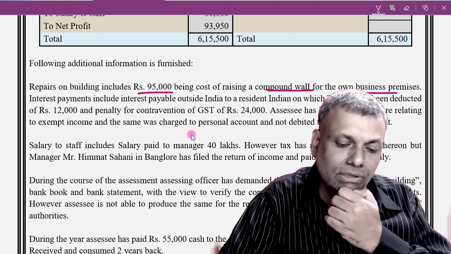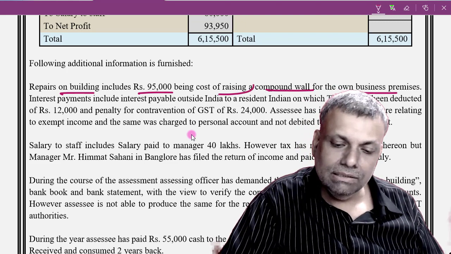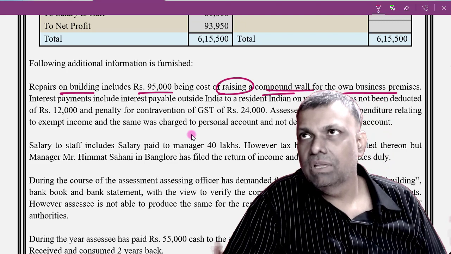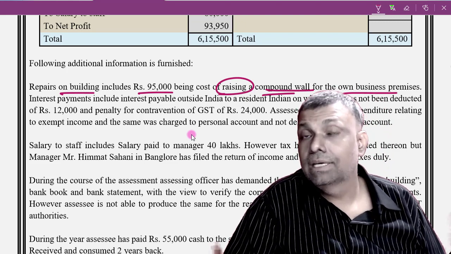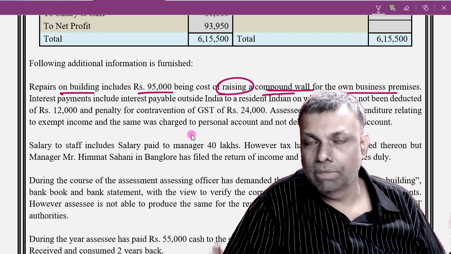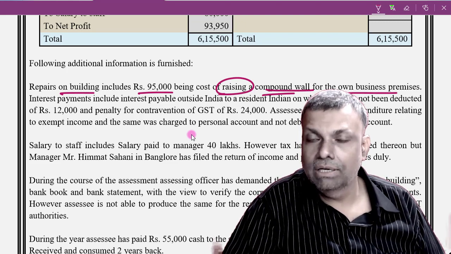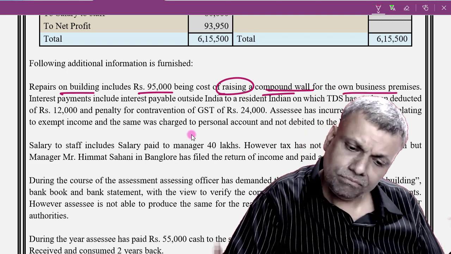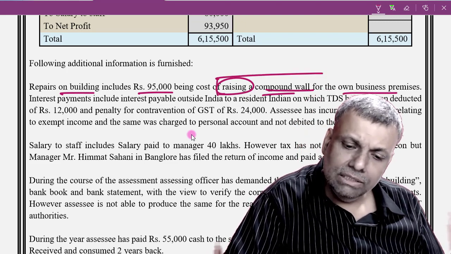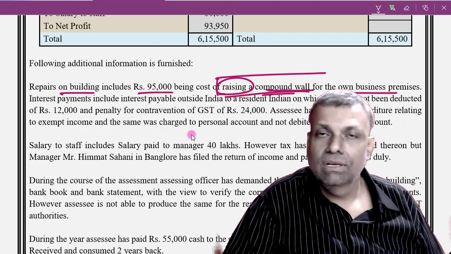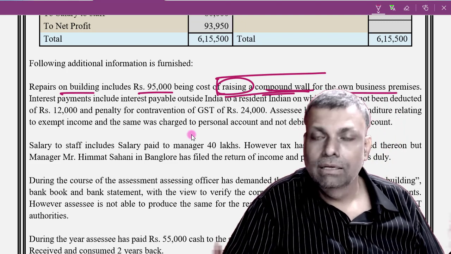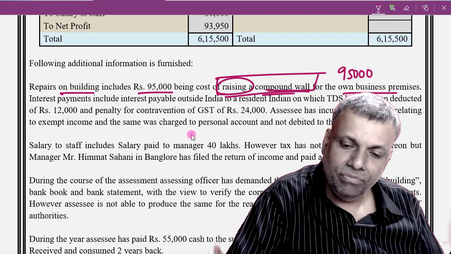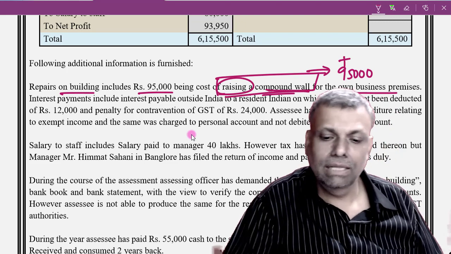So here is something where you have to take the decision whether the expenditure is a revenue expenditure or a capital expenditure, because under section 37(1), which I already explained to you, a capital expenditure is not allowed as a deduction. So raising a compound wall is basically a value addition to the building, and therefore 95,000 being a capital expenditure, it should be added. So add 95,000 rupees.